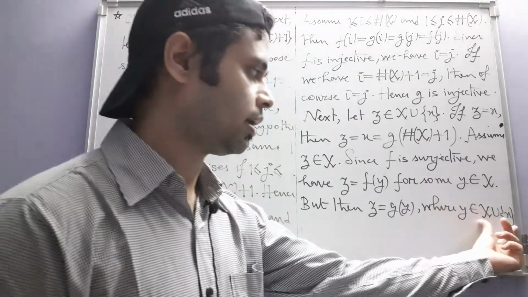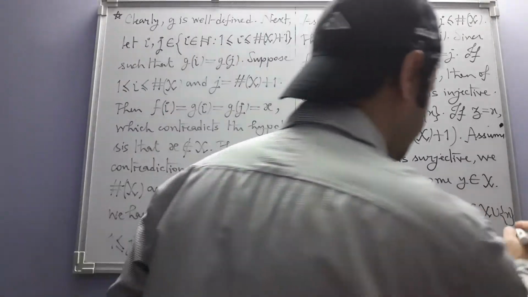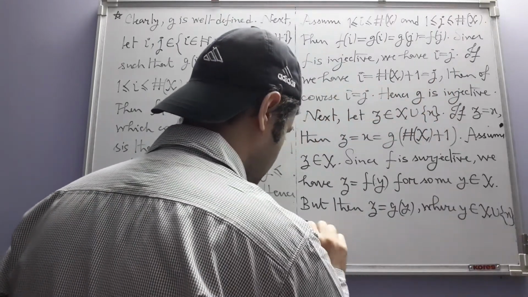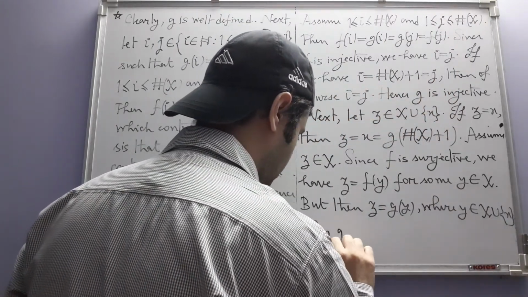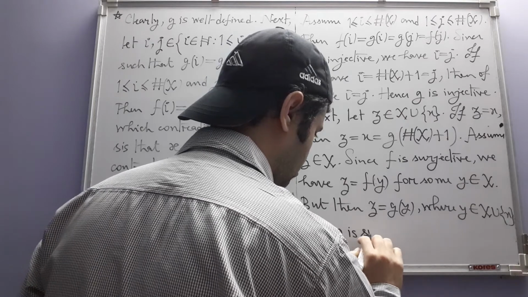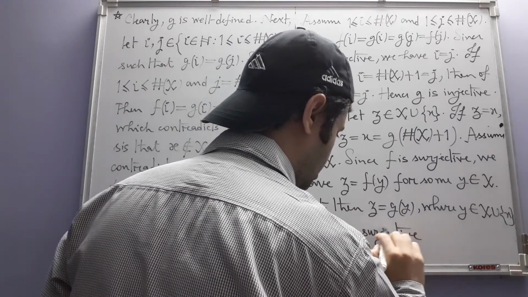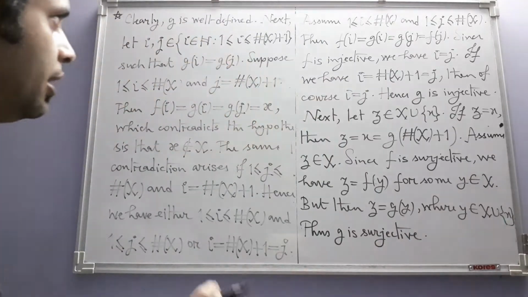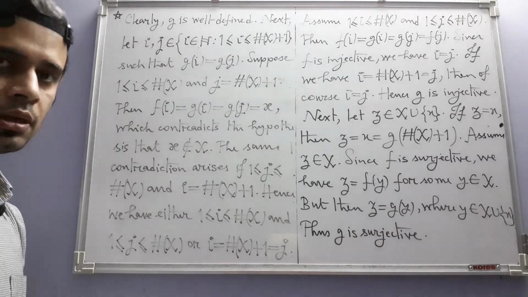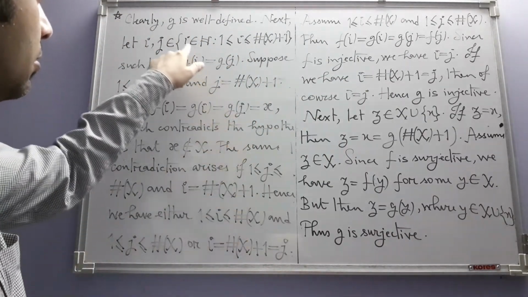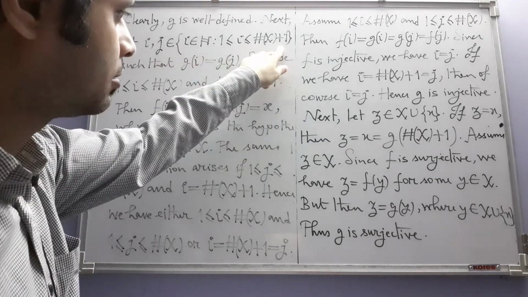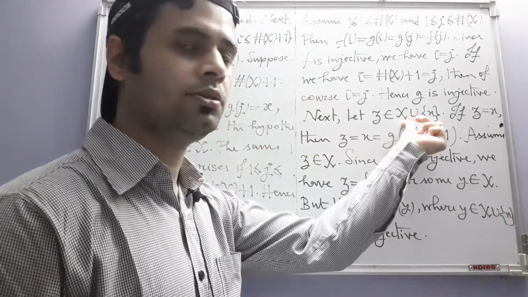So that's why we are writing the full domain. Thus g is surjective. So we have shown that g is a bijection between this set and this union.